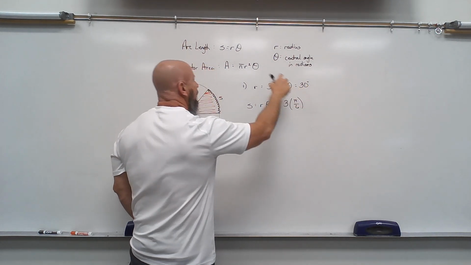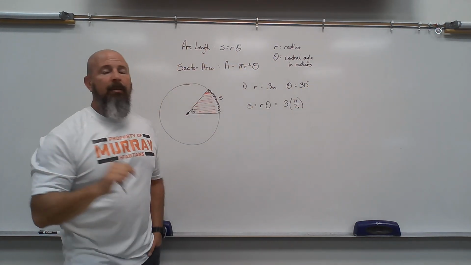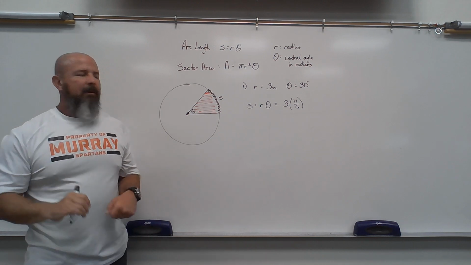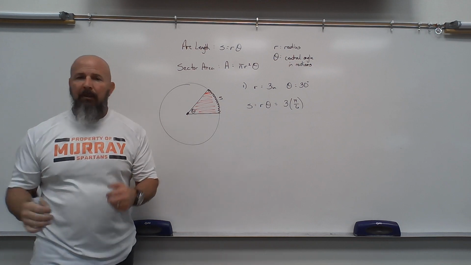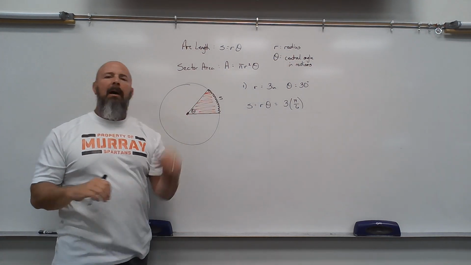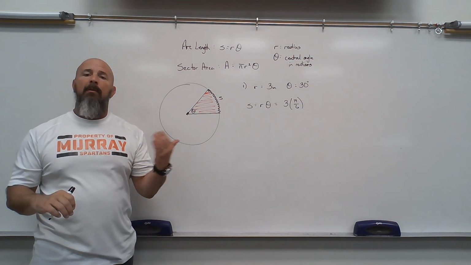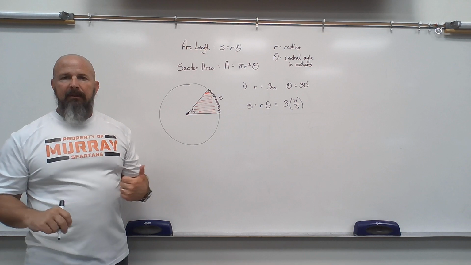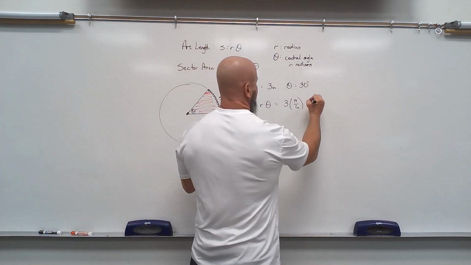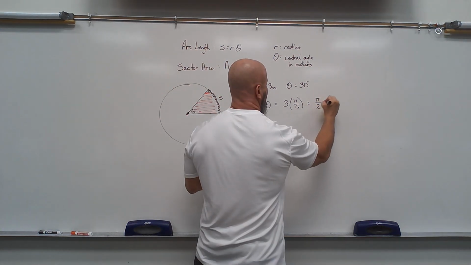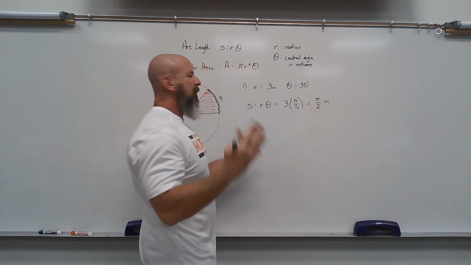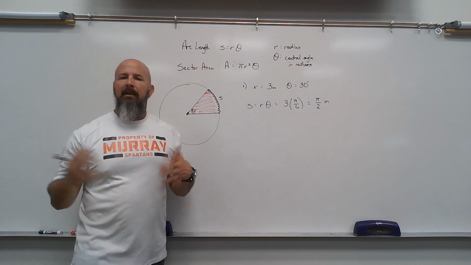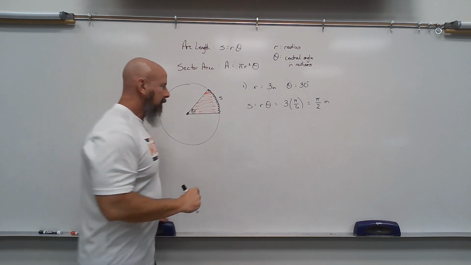So my angle measure in radians for 30 degrees is pi over 6. I either know that, I'm going to get used to seeing that one, but if it's one I don't know or I've forgotten, I'm going to go 30 degrees times pi over 180. That would convert to pi over 6. Okay? We can multiply these two, and this would give me pi halves inches, and we could answer in a decimal format. Pi halves would be about 1.57 inches. That would also be fine.